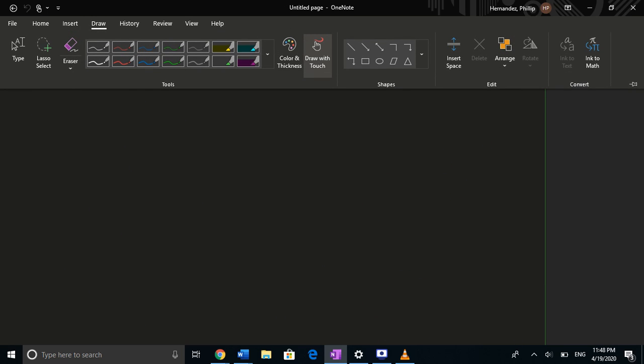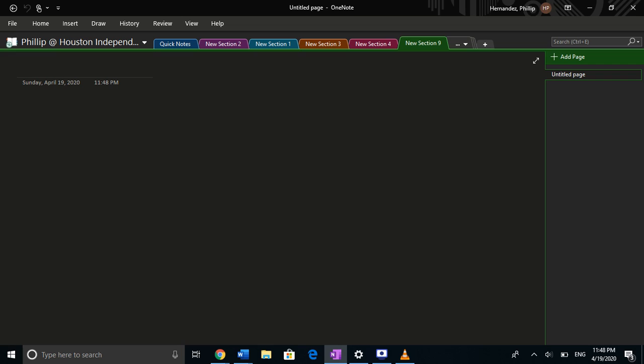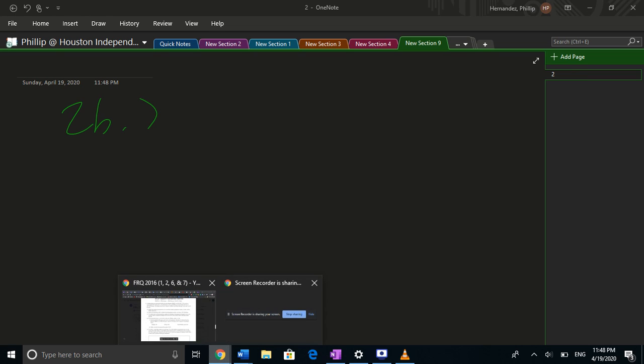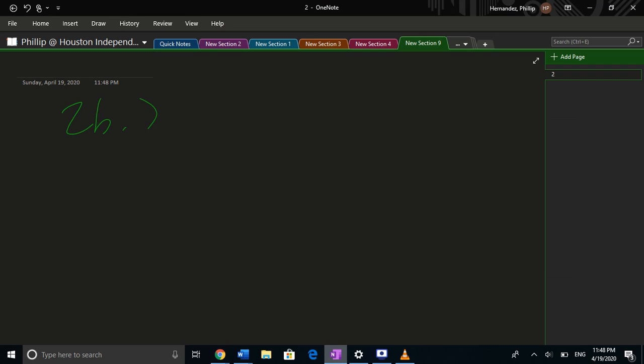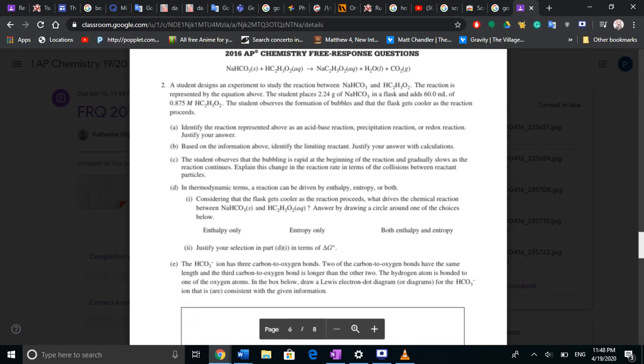For part B of number 2, they asked us, based on your information, to identify our limiting reagent. For the limiting reagent, we need to find the smaller mole amount.